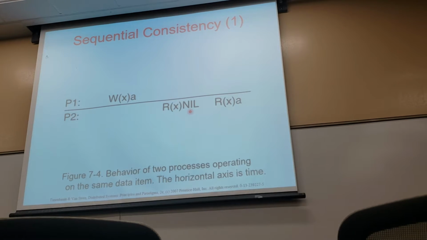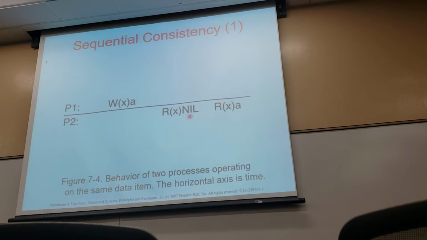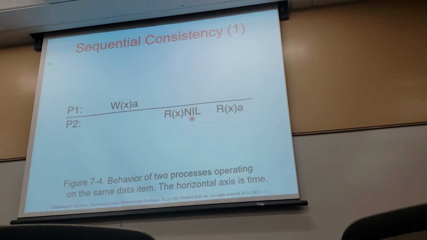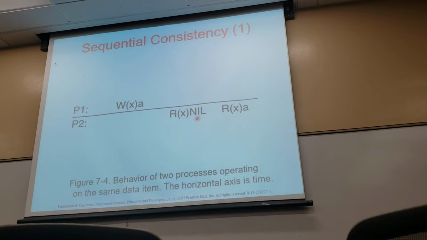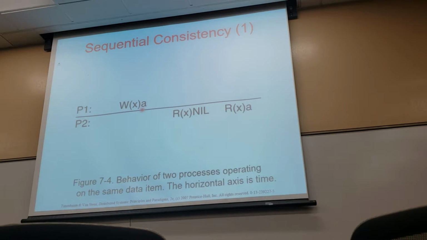So these two things are attached across a network, right? Does anything travel instantly across a network? No. Do things arrive in the order that you sent them on a network? No. Sometimes things disappear, they are never seen again. Okay. So what's being depicted in this particular diagram is you're writing that A to that X, and it takes time to propagate over to P2.